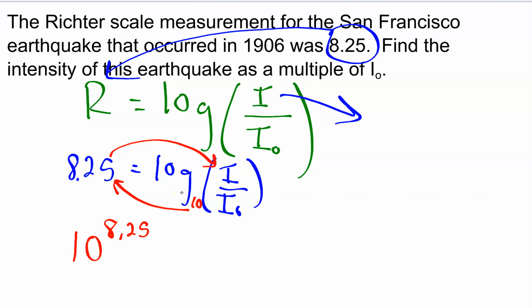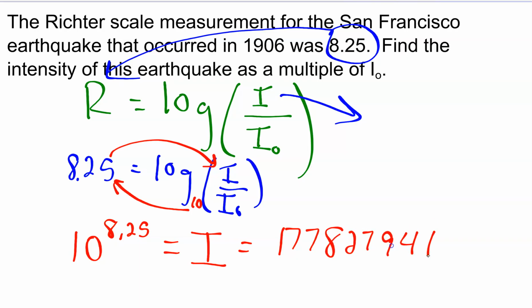And there's an I naught in here, so it's the intensity of this earthquake as a multiple of I naught. The I naughts should always cancel out, so I'm not super concerned about that. If you were to put that on your calculator, you're going to get a really big number. We're in the millions here, right? Because this is thousands and hundreds.